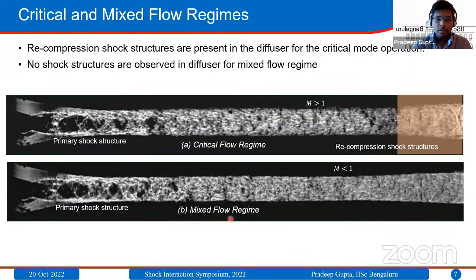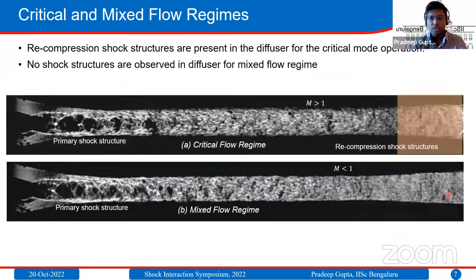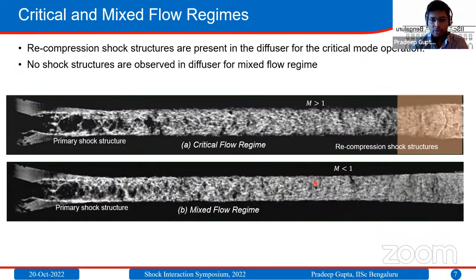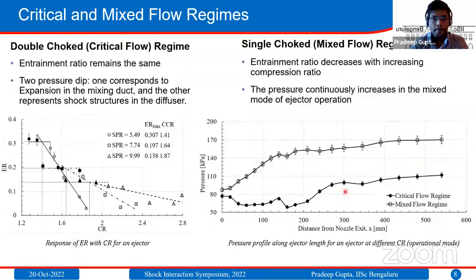On the other hand, in the mixed flow region, there was no shock structure in the diffuser, and the flow remains subsonic after mixing. These are the characteristics of the flow regions based on the pressure, mass flow rate and the pressure measurement. If you consider this SPR, the stagnation pressure ratio, defined as the primary stagnation pressure to the secondary stagnation pressure, we can see that around 1.45 the entrainment ratio remains constant and then it decreases.